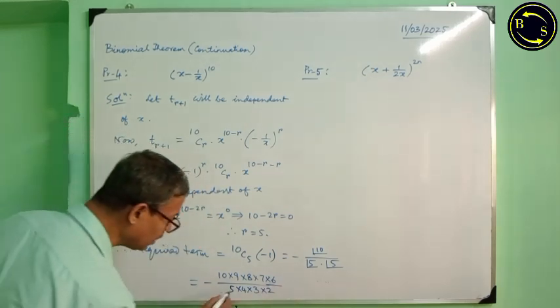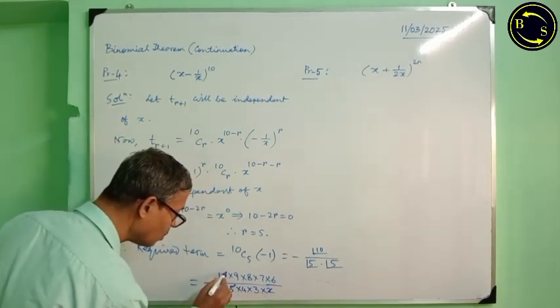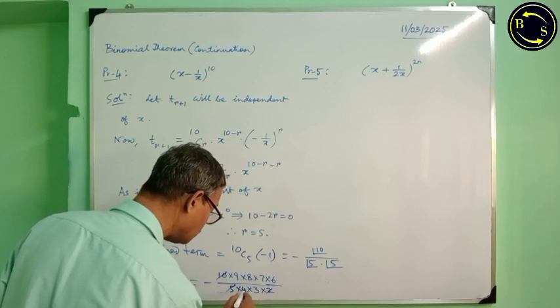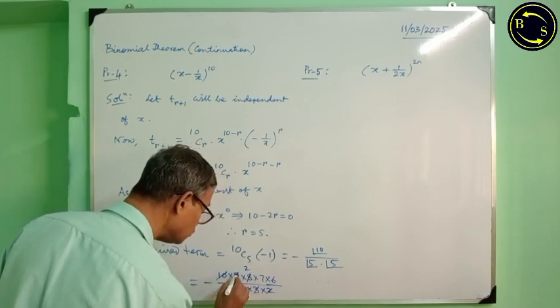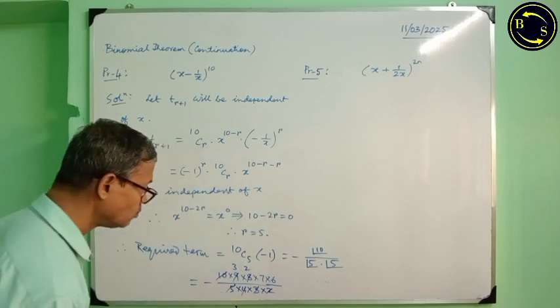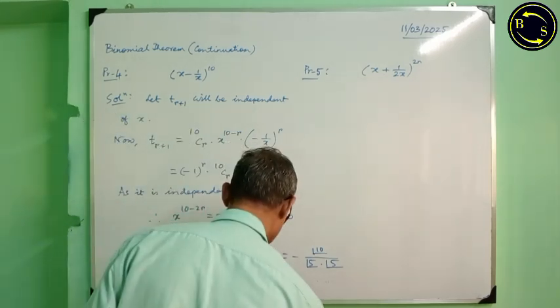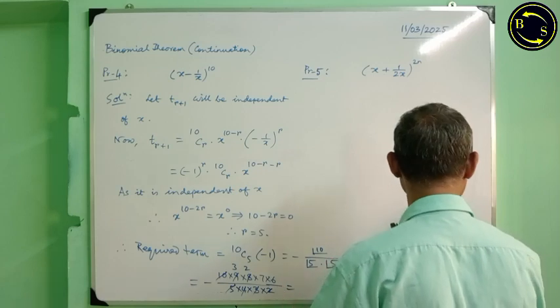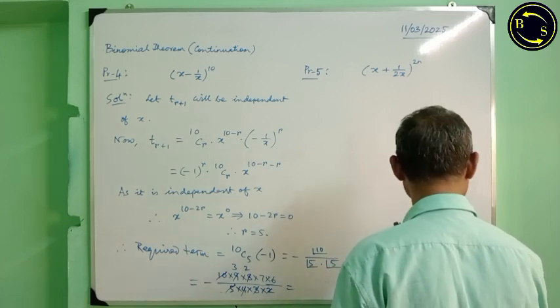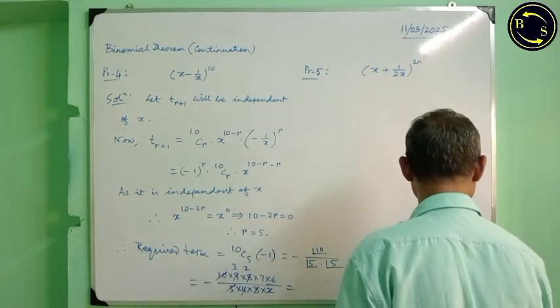I simplify. You work out that 36 into 7.